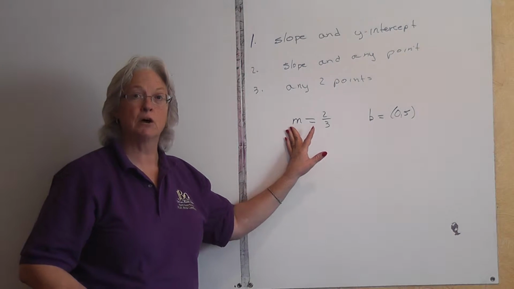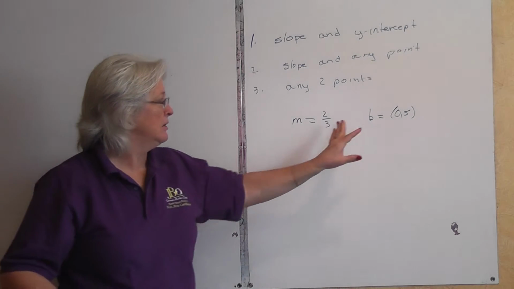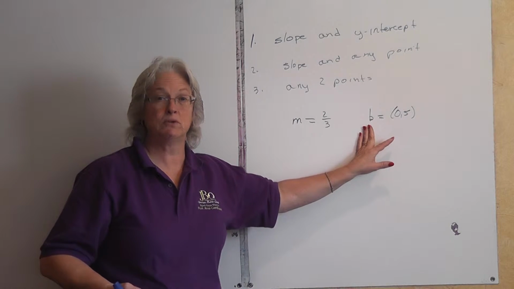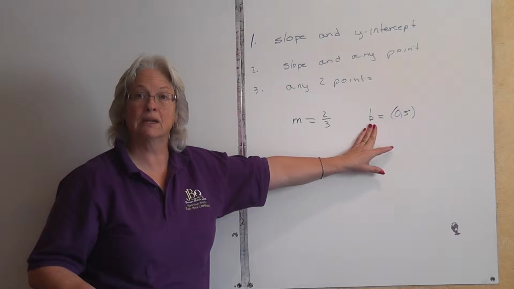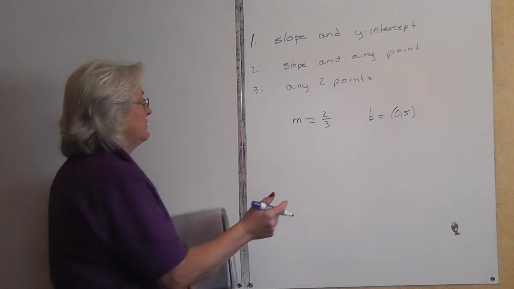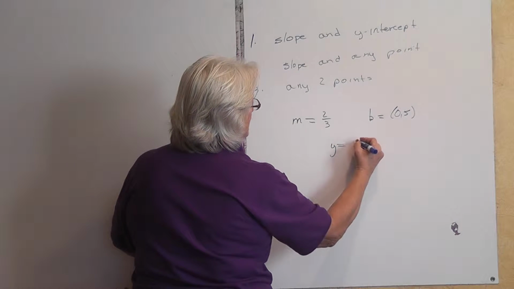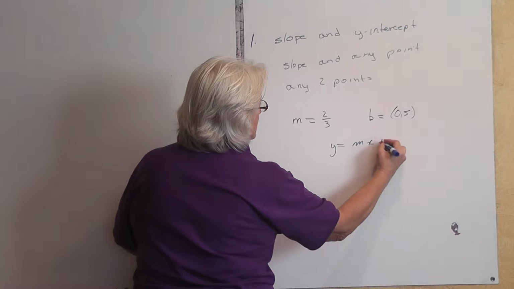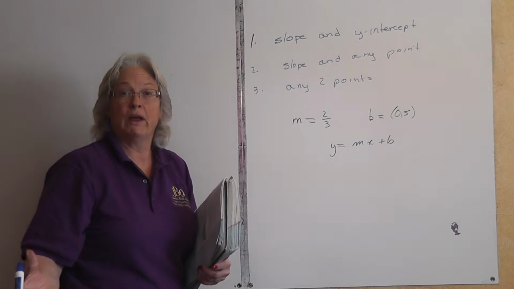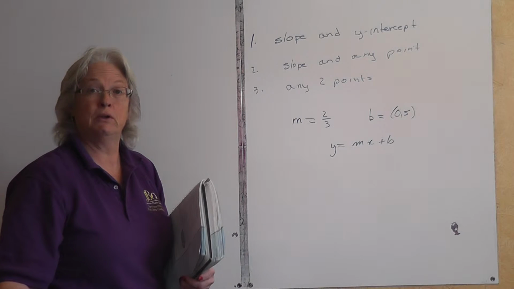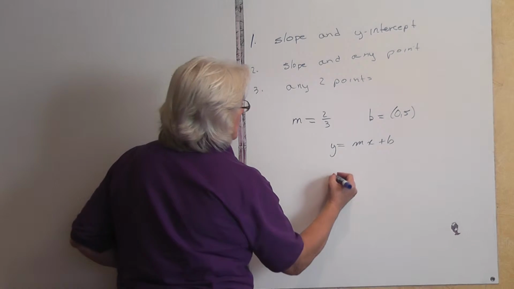They're going to tell you slope, but you know that that's m. They're going to tell you y-intercept, but you know that the y-intercept is indicated by b when we have the slope-intercept form of the line, which is y equals mx plus b. We now have values for m and b. All we do is substitute those in.